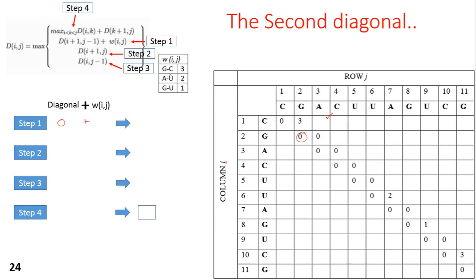In our weight values, A only base pairs with U. Therefore, the value of this weight would be 0. 0 plus 0, we would have 0 at our diagonal position. Right?